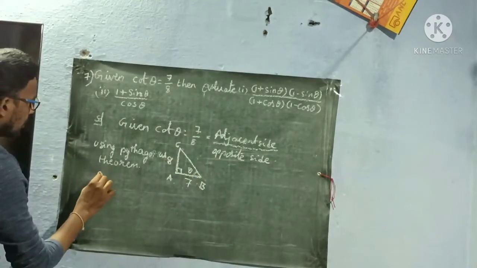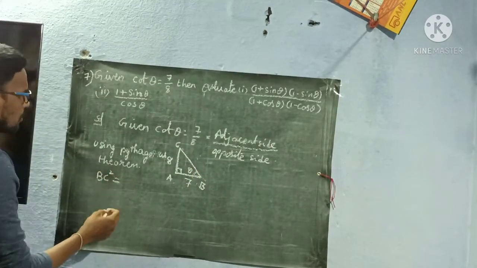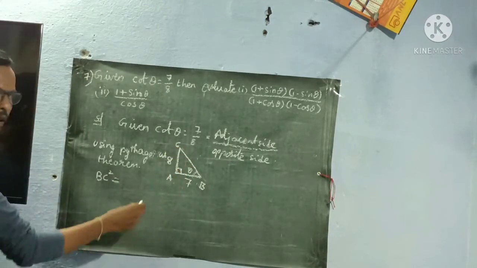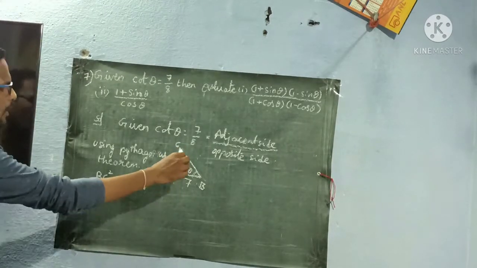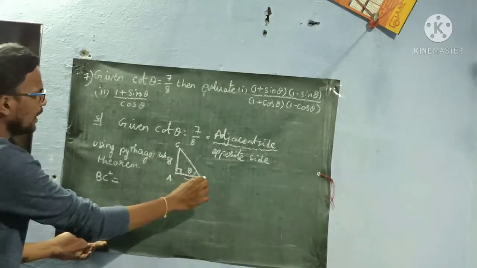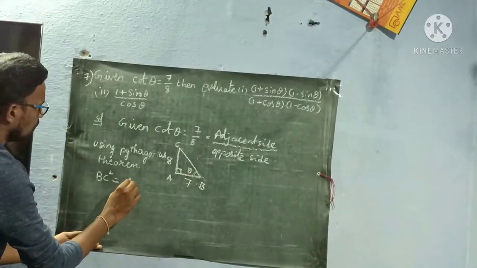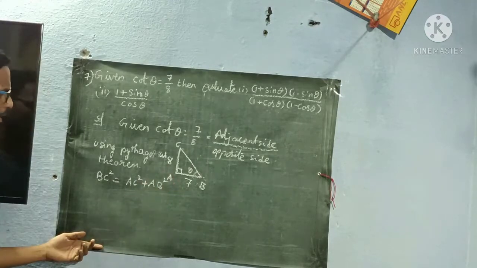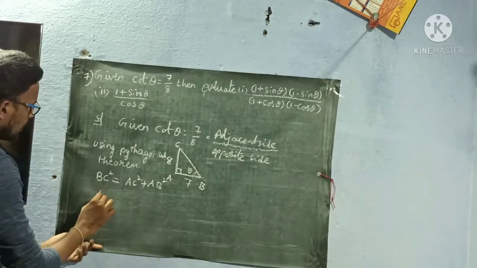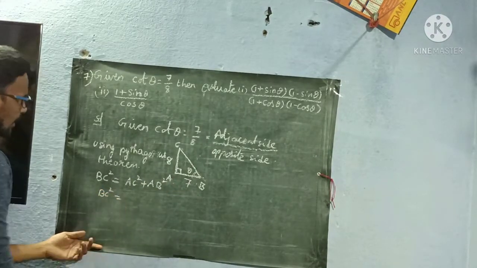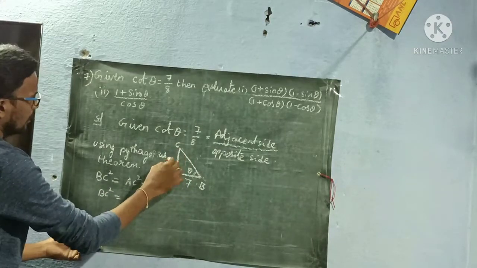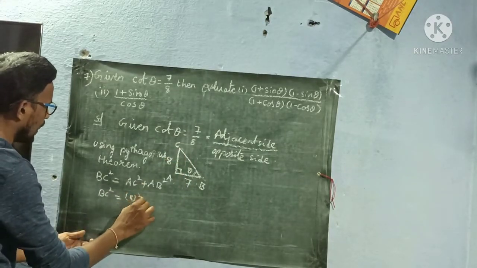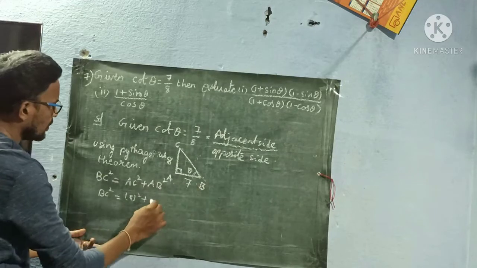The square on the hypotenuse, BC square, is equal to the sum of the squares of the other two sides. What are the other two sides here? AC and AB. So BC square is equal to AC square plus AB square. AC is how much here? 8. So 8 whole square plus AB, how much? 7 whole square.